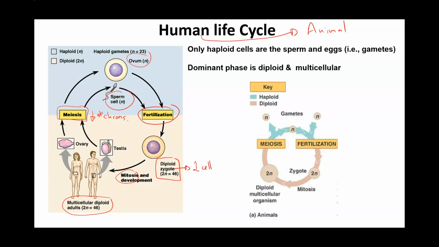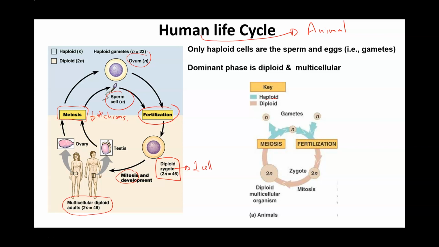Right? So here it's represented in this kind of simpler color-coded form. Notice how the brownish color on the lower half of the cycle represents the diploid phase, and remember 2N is the abbreviation for diploid. Right? And then meiosis creates the haploid condition, because meiosis reduces the chromosomal number in half.